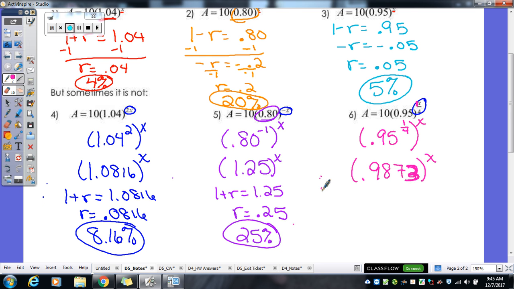So now this is still a what kind of problem? Decay. So 1 minus the rate equals the 0.9873.